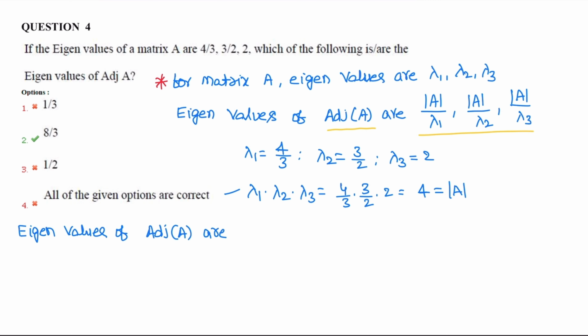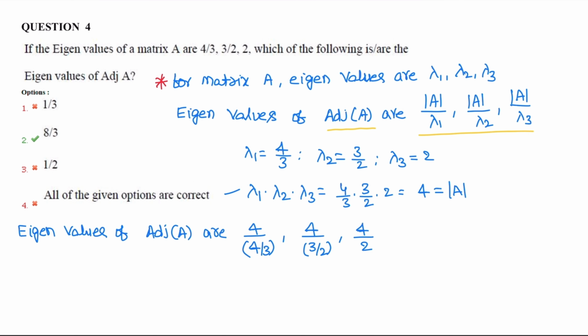The eigenvalues of adjoint A are mod A by lambda 1. So determinant of A by lambda 1, that is, determinant of A is 4, lambda 1 is 4 by 3, comma, determinant of A by lambda 2, 3 by 2, comma, determinant of A by lambda 3, lambda 3 is 2.